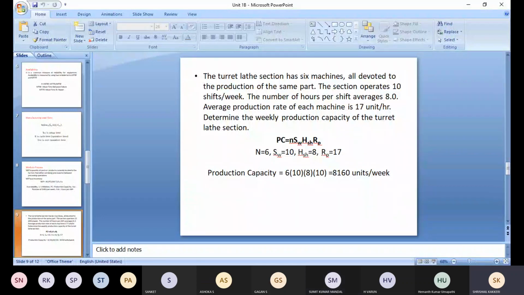Programmable automation, as the name indicates, is programmable. Many computer software programs are involved in this. Definitely the varieties of product will be maximum and the quantity will be limited. These are the limitations and advantages of the different types of automations.